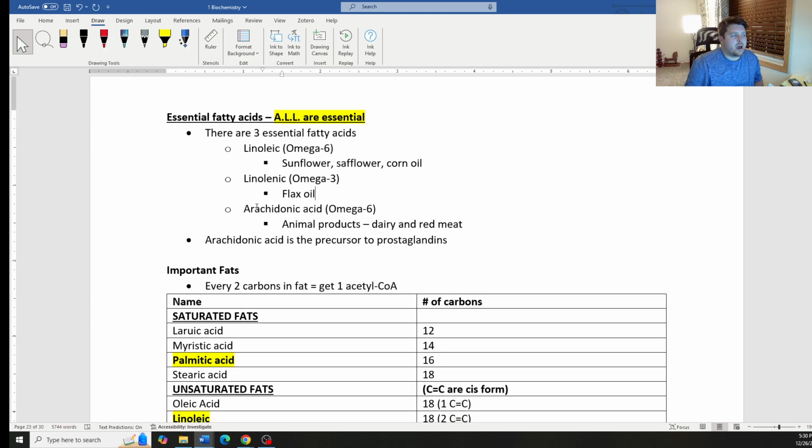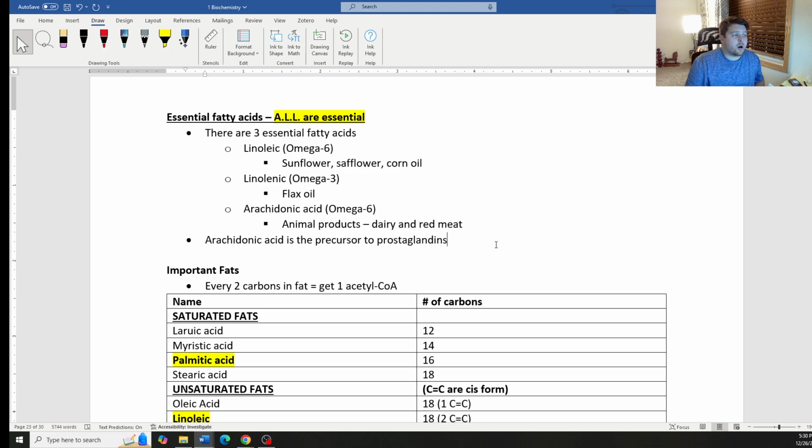And then we also have arachidonic acid, which is an omega-6, which comes from animal products such as dairy and red meat. Arachidonic acid is one of our most important acids because it is the precursor to all of our prostaglandins.